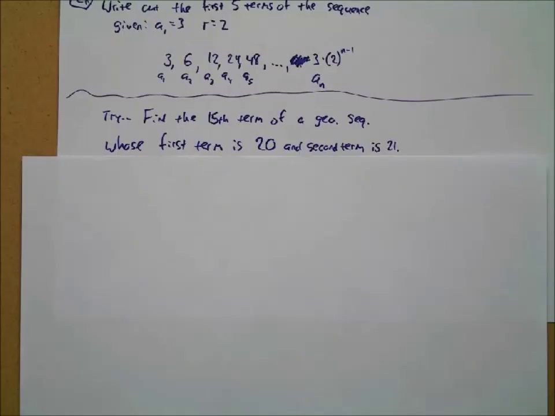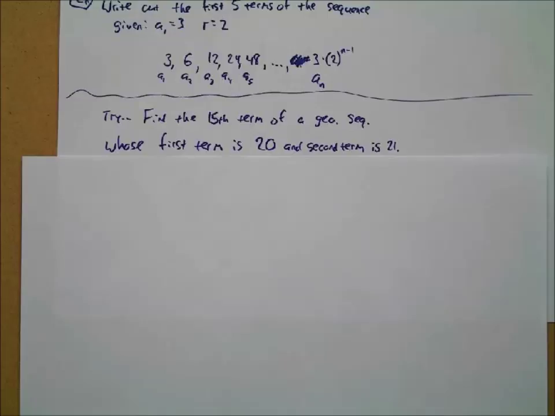So 1.05 is our ratio there. You could also use 21 over 20. That's fine, if you want to say that's your common ratio. To the n is 15 minus 1, so we'll have to do 14 really, ultimately there.